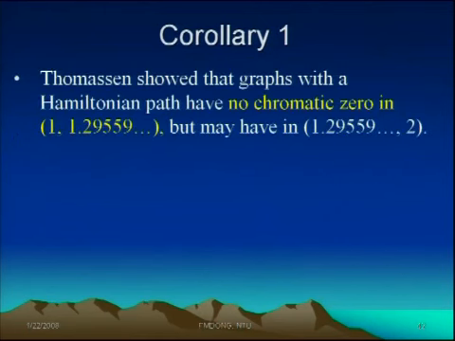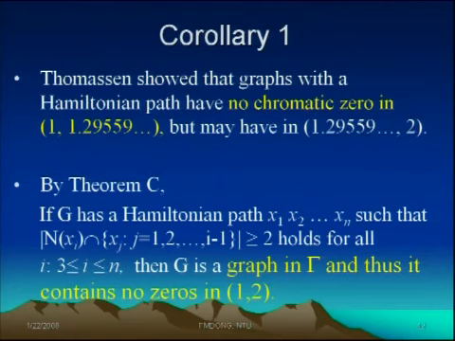Now there are some interesting results here. The first one, by Thomas and Royle: if a graph has a Hamiltonian path, then we can guarantee there are no chromatic zeros between 1 and 1.2 something. This number can be found from an equation. However, there may be zeros between this number and 2. But now we add one more condition.